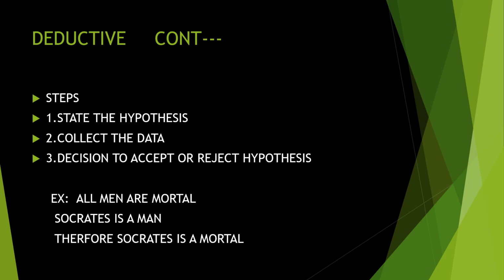For example, all men are mortal. So generally you are telling something. All men are mortal. You know what mortal is. Socrates is a man, which means he is a part of society. Therefore, Socrates is mortal. So here, see how it is coming from the general.